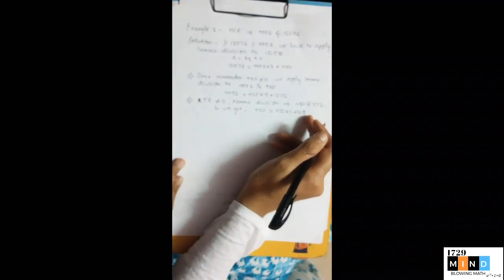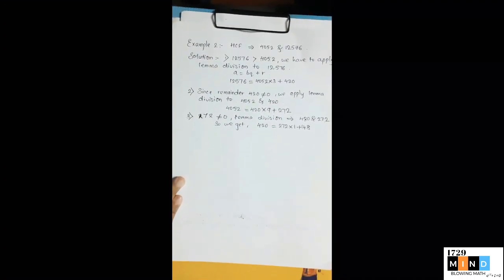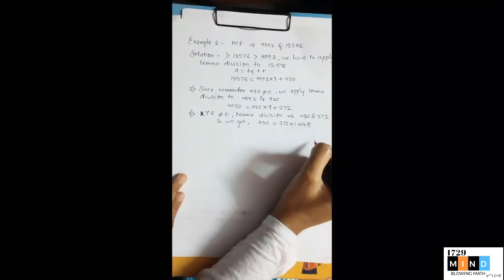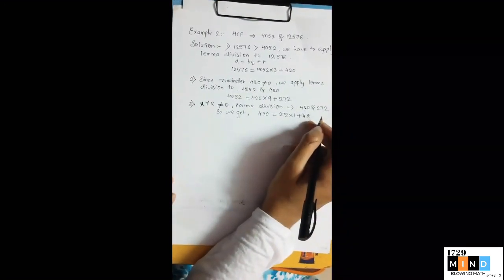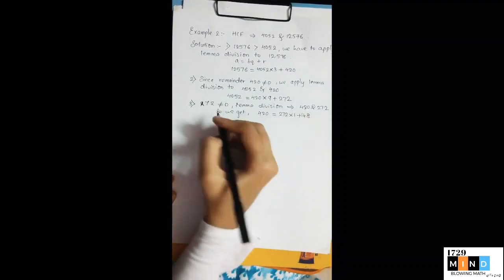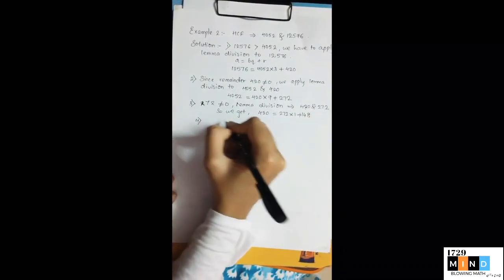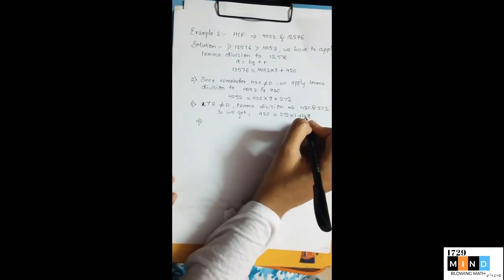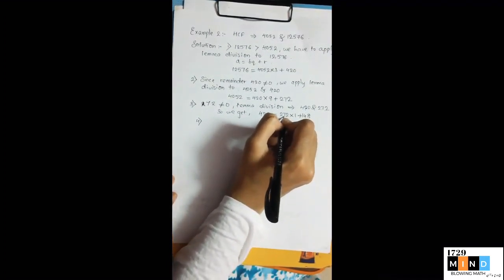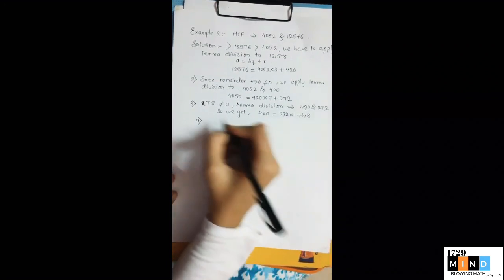See, the same method is going, the previous method and this method are the same. We are going to reach till 0. So again here it is 148 which is not equal to 0. The same lemma division method will apply for the fourth step, and the remainder will become the divisor and the divisor will become the dividend.